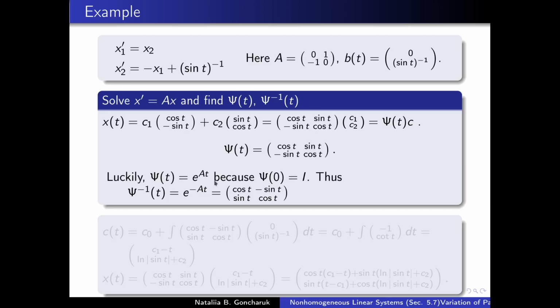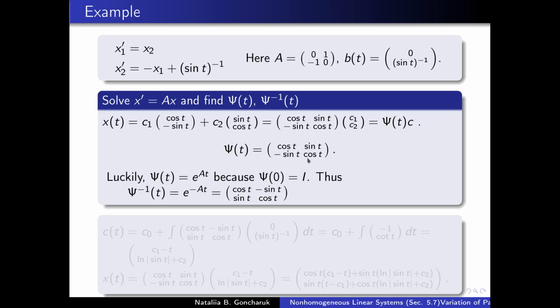It is equal to the matrix exponential because the matrix exponential is the fundamental matrix whose value at 0 is the unit matrix. So if you substitute t equals 0, you will see that this matrix is a unit matrix.